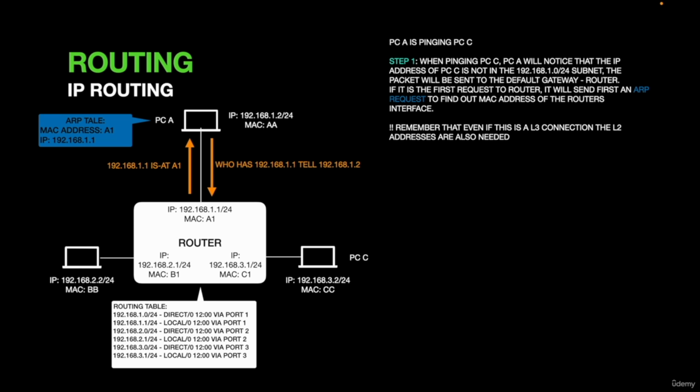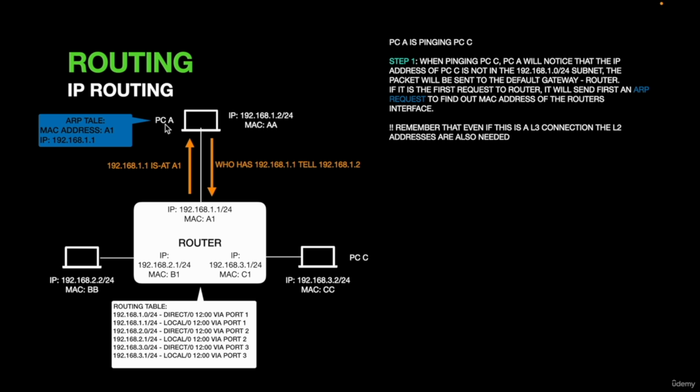So how does the routing happen? The first step would be to find out the ARP. When pinging PCC, we want to ping this PC, and PCC does have a different IP address, which is not in PCA's network.